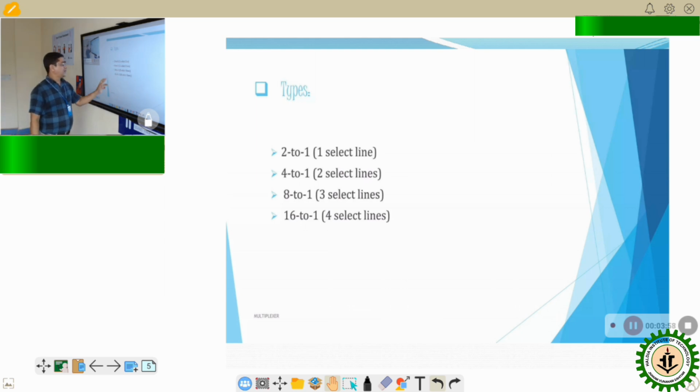Similarly, the 8:1 multiplexer has 3 select inputs and the 16:1 multiplexer has 4 select inputs. With 4 select inputs, we get data inputs as 2 to the power 4 equals 16. That is the 16:1 multiplexer.